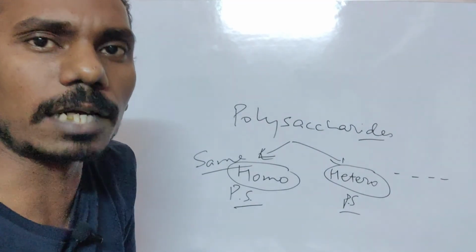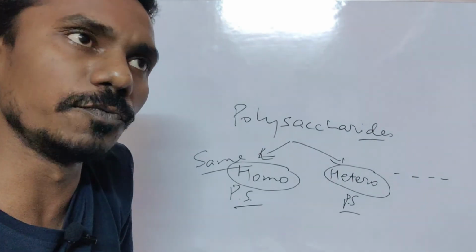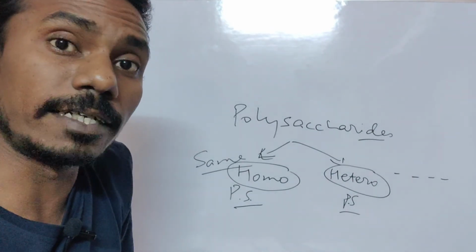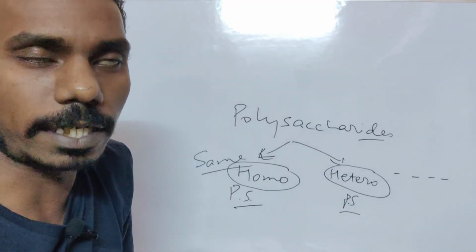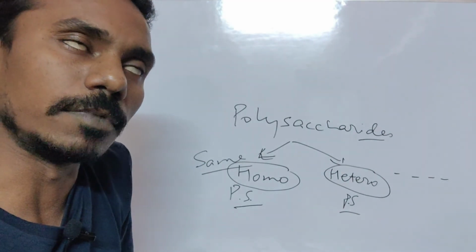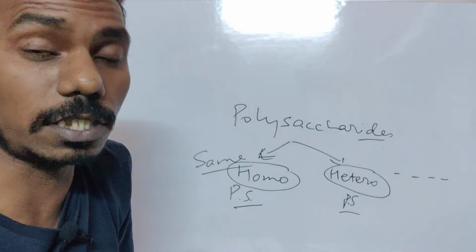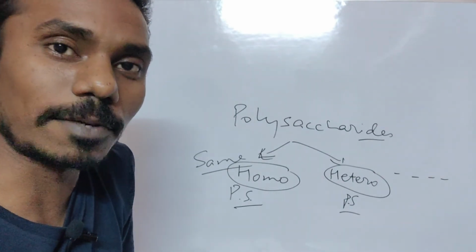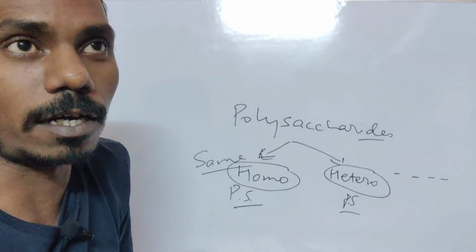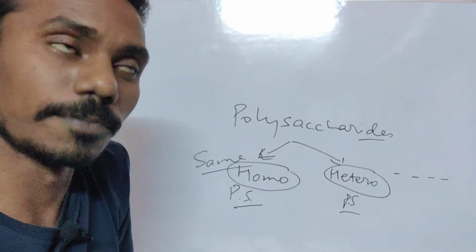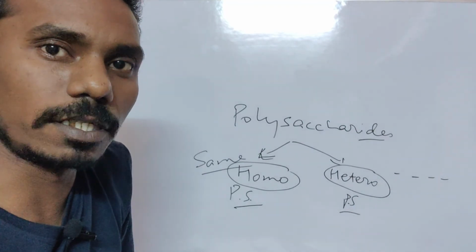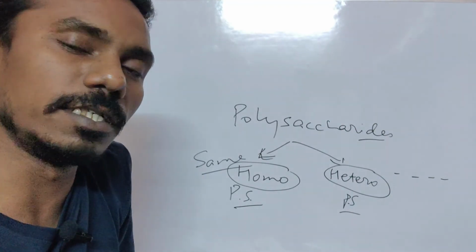You have to learn about those isomers first, and then you will be able to understand the beta 1,4 glycosidic bond, alpha 1,4 glycosidic bond, alpha 1,2 glycosidic bond, and 1,3 glycosidic bond. There are some bonds like alpha 1 and beta 4. You will get to know about all these bonds in a later part of the series.